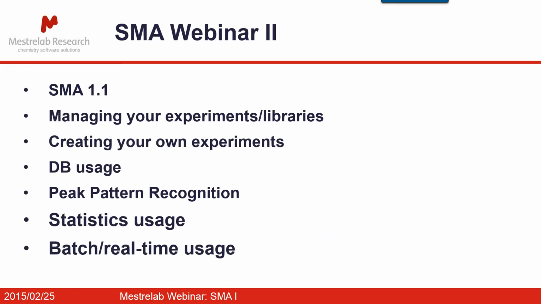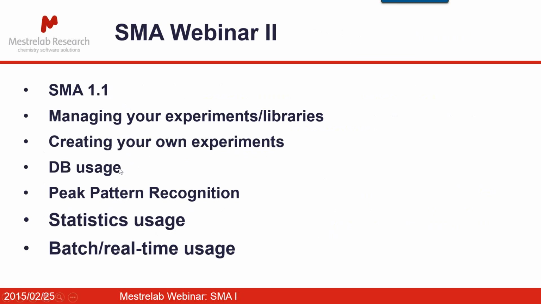So, I thank you for your time today. I'm going to put a little bit of a plug for the second webinar. In this, I'm going to talk a little bit about SMA 1.1, this new version that's going to have expanded capability. I'm going to describe how to manage your experiments in libraries. I'm going to show you how to create your own experiments, and this is going to be a large proportion of the webinar.